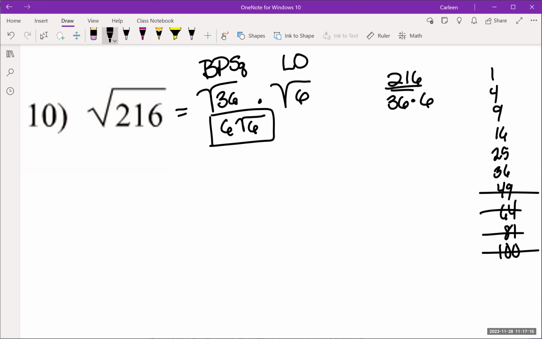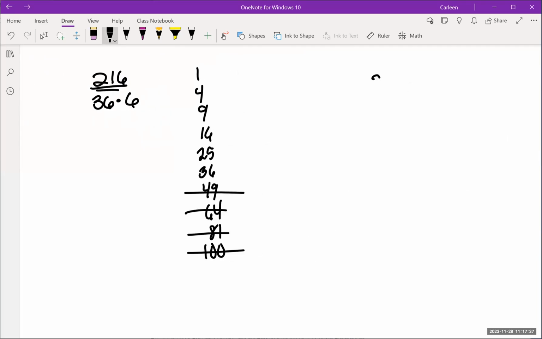You take all your perfect squares and you see what is the biggest one that goes into 216. Now, sometimes, in fact, last year's video, sometimes I do this. 216, let's make a factor tree. 216 can be divided by 2. 216 divided by 2 is 108.